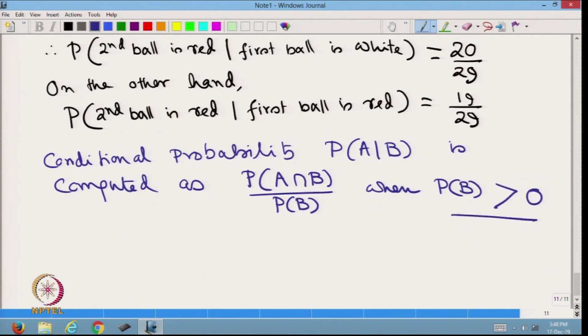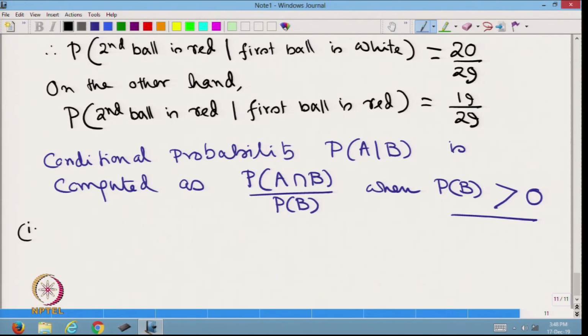Therefore, the conditional probability of A given B is defined if B is an event with positive probability, and then we look at the joint occurrence of the two events A and B. So, let us look at this example.